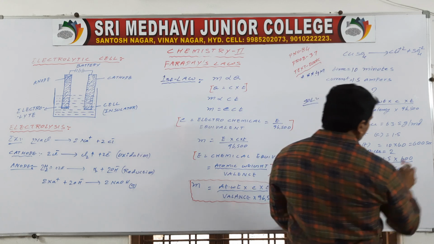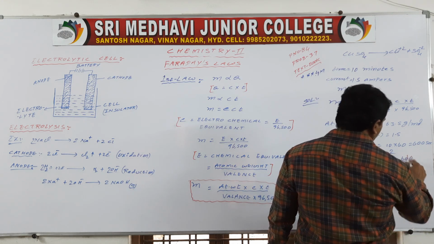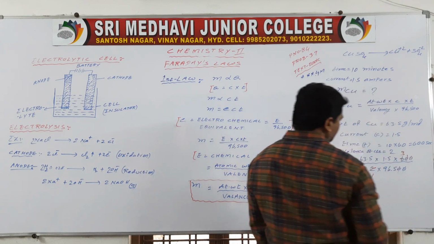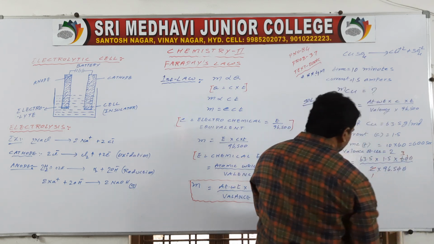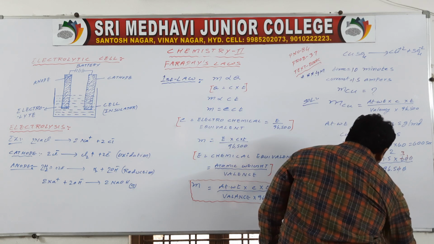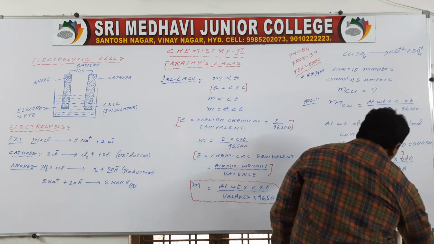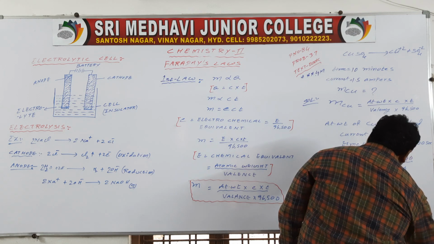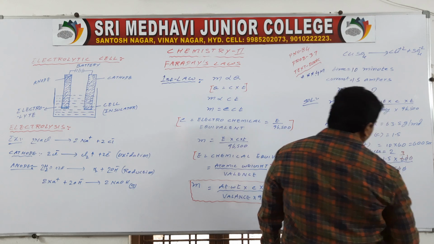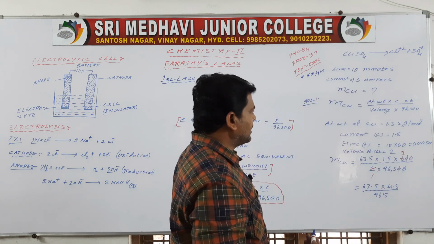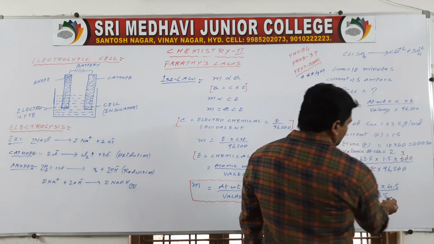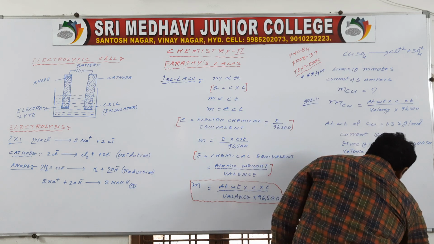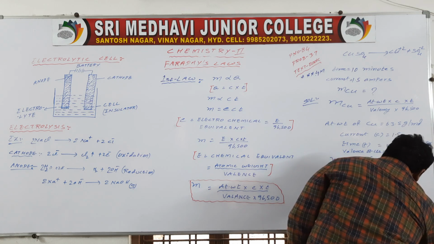The zeros cancel. 63.5 into 4.5 by 965, which is equal to 0.293 grams.